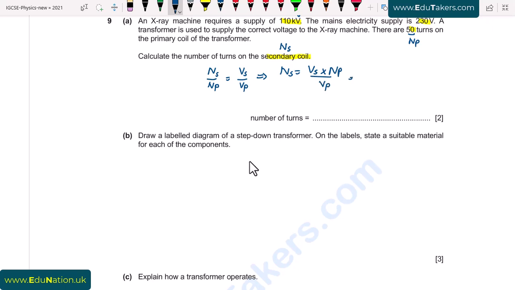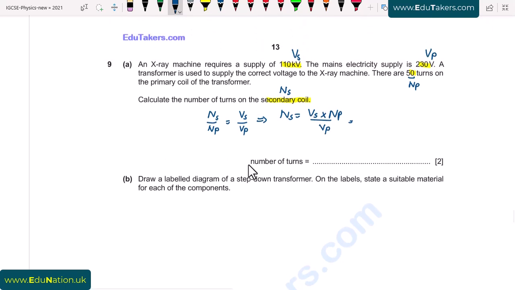So the secondary voltage is 110 kilovolt, that is 110 multiplied by 10 to the power 3, and number of turns of primary is 50, divided by 230, that is the potential of primary coil, and the number of turns comes to be 24,000. So these are the number of turns of secondary coil.